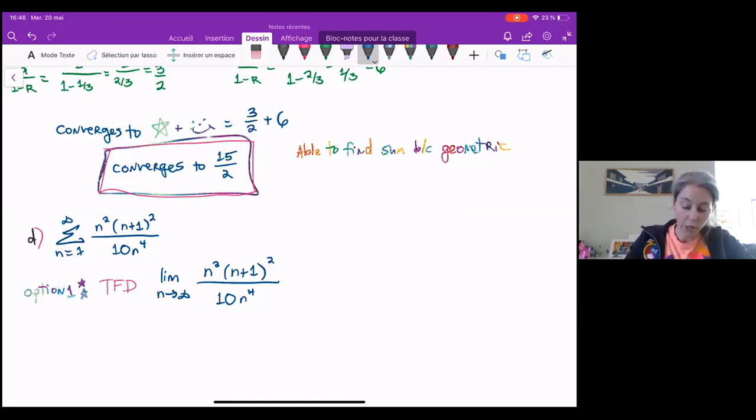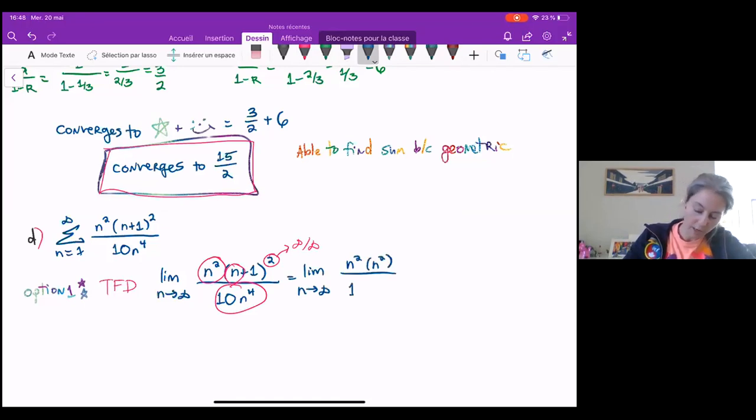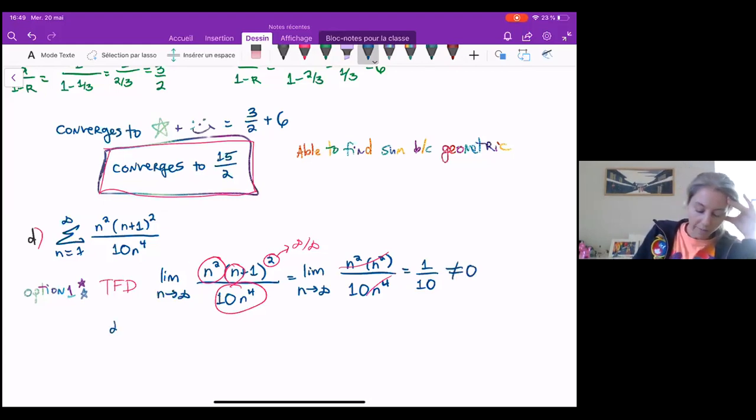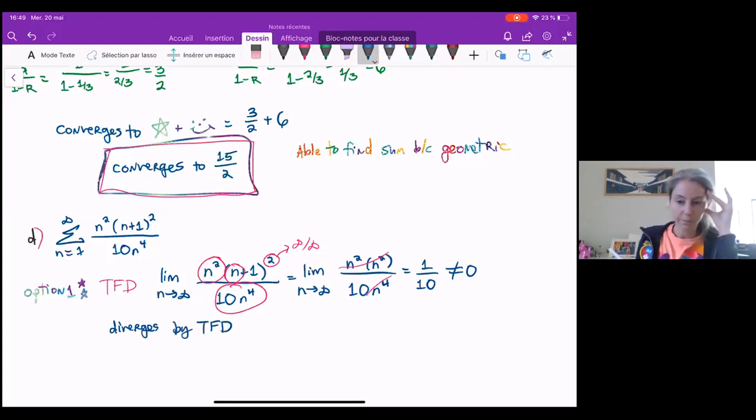It is going to give me 1 over 10 though, because I can just take the big stuff. So I'm taking the n squared, and then n squared again, and then that whole 10 to the 4th. So I have n squared times n squared over 10 to the 4th. All of that n cancels out, giving me 1 over 10. Does 1 over 10 equal 0? No. So this diverges by the test for divergence.